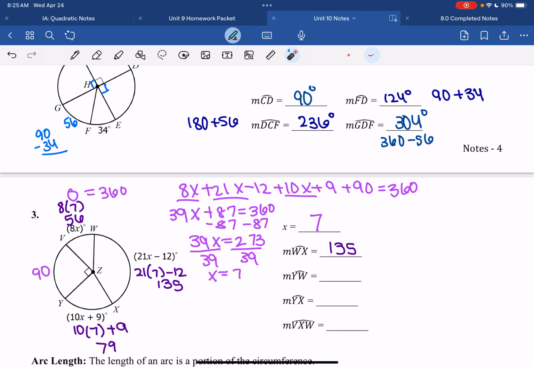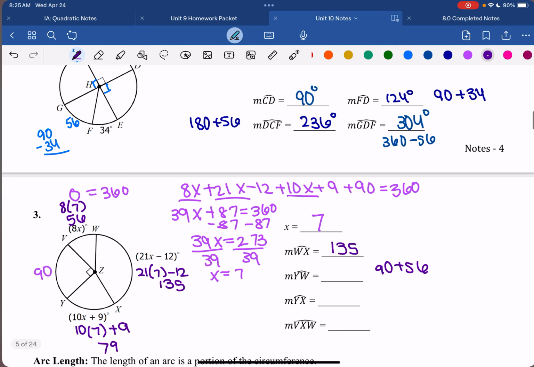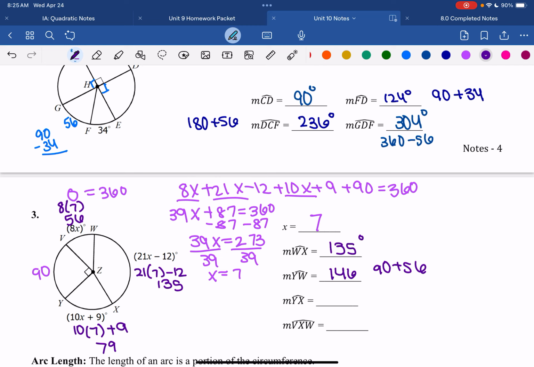YW. Remember, when it's only 2 letters, we want the shortest way. YW, 90 plus 56. Okay, measure of XY, or YX, same thing, 79.